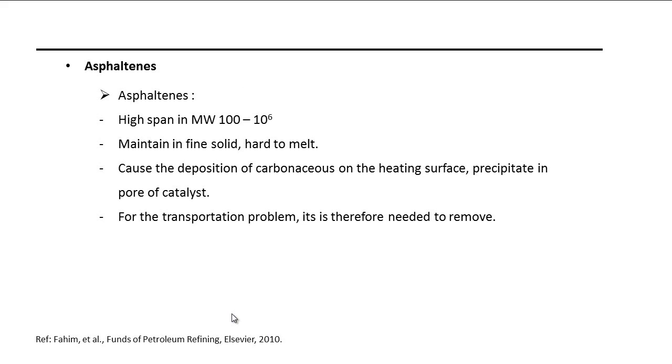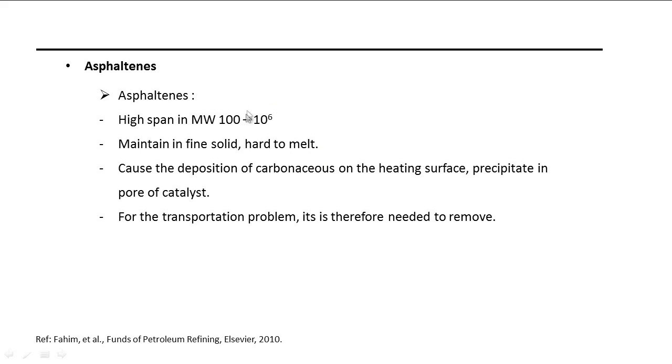The last one that we have to mention, one of the crude oil compositions which is not very useful but we have to be concerned about, is asphaltenes. Asphaltenes are usually found as fine particles or fine solid, and it is hard to melt.